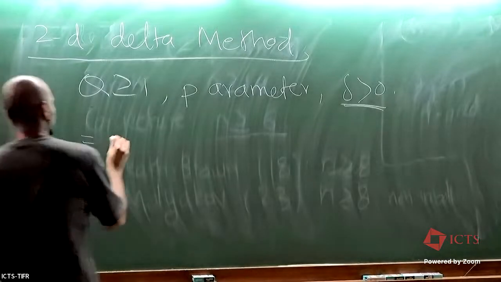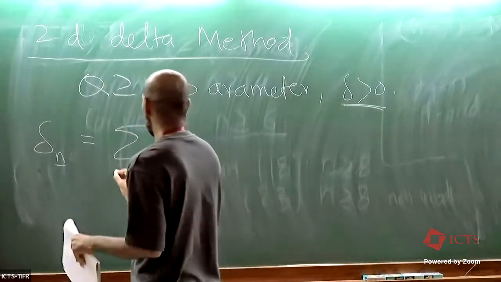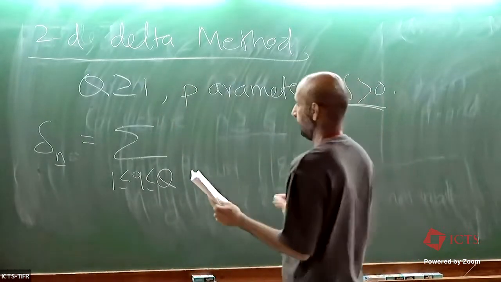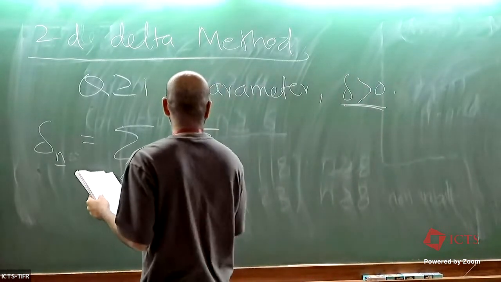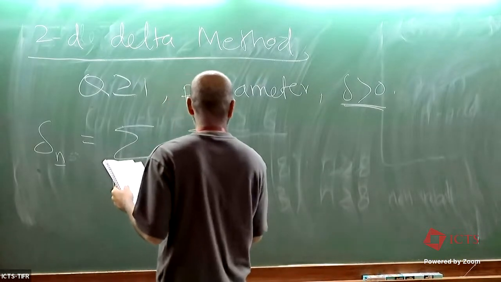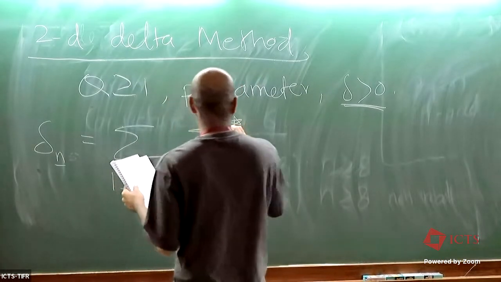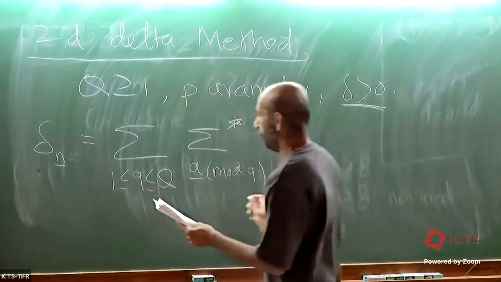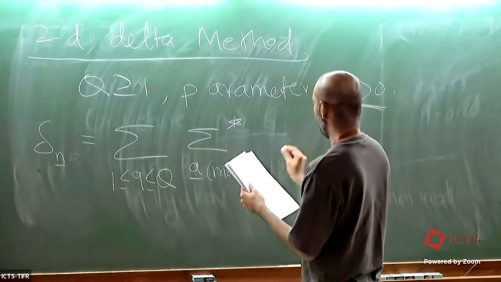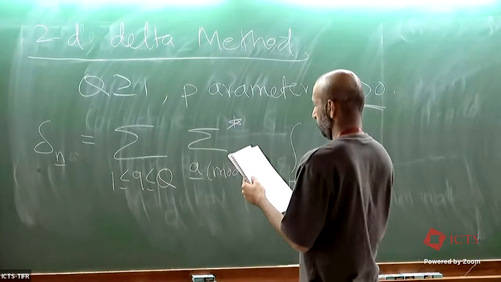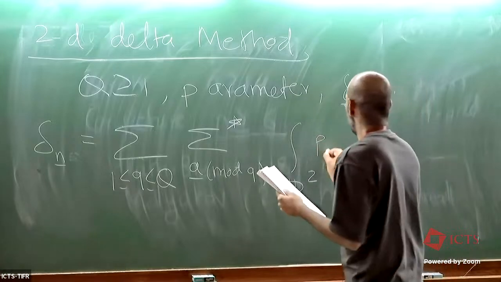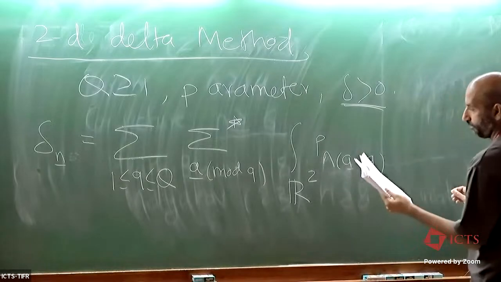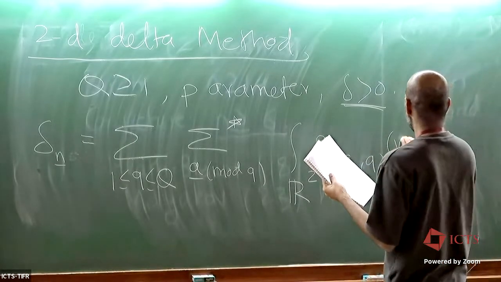So a version of the delta symbol says that given such a parameter, there exist functions, which I will write soon. You have this partition of unity, so to say, of the indicator function of the 0, 1 square, where you have these kernel functions.